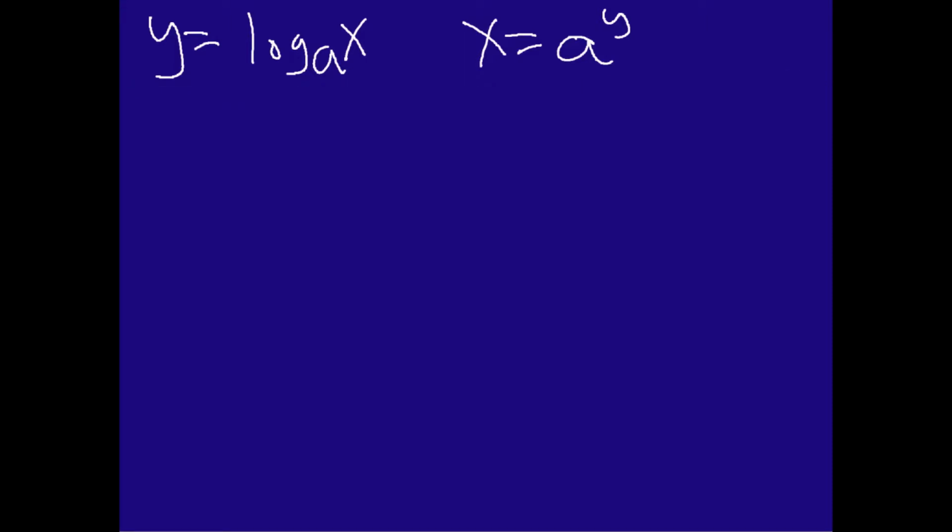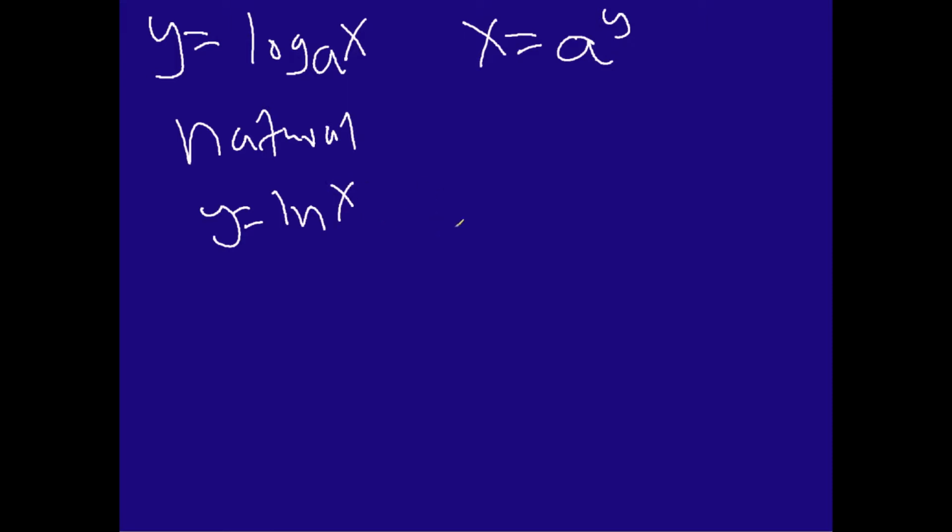Now, having said that, there's something else I need to talk about, and there are two very common logarithmic functions. One of those is called the natural logarithmic function, which is when you have y equals ln x.